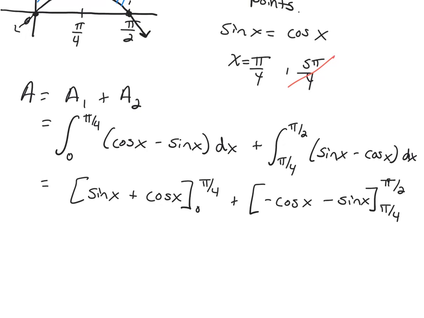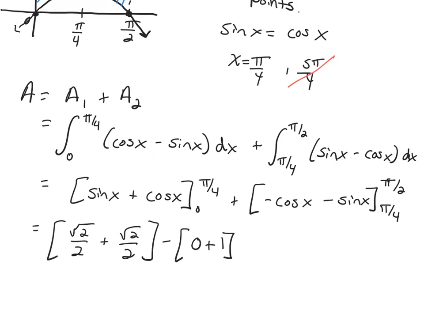You plug in the top number: sine of pi over 4, root 2 over 2, cosine of pi over 4, root 2 over 2, minus sine of 0 is 0, cosine of 0 is 1, and then do the same thing for the second one.